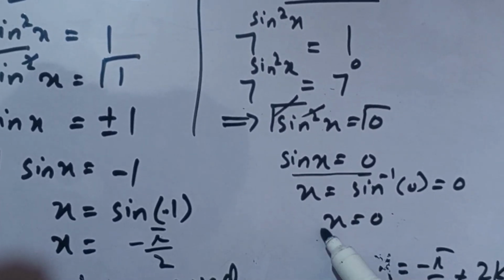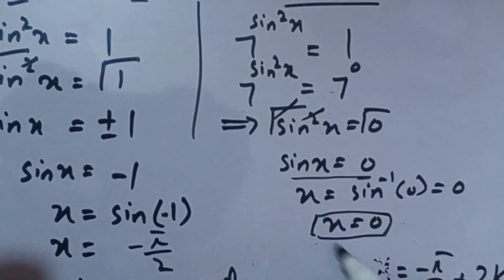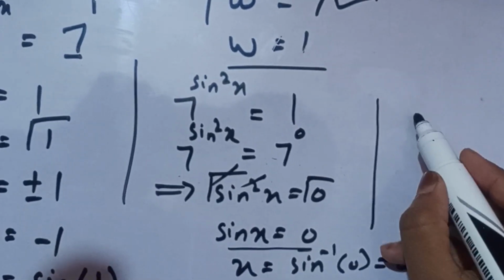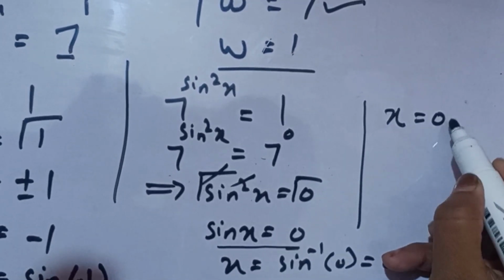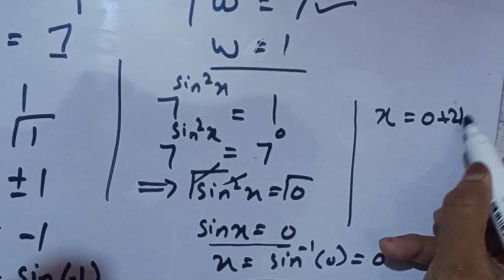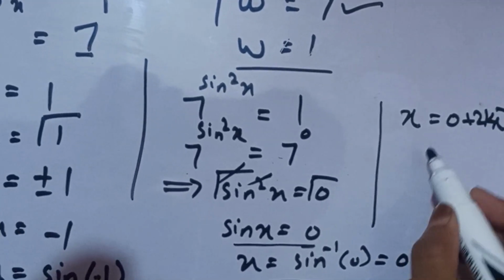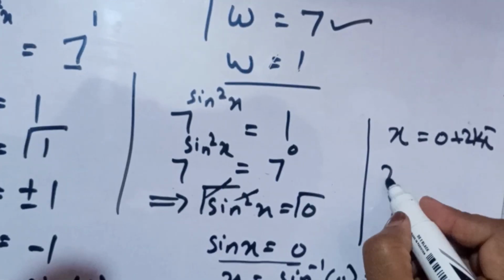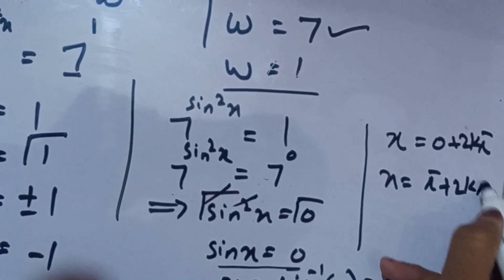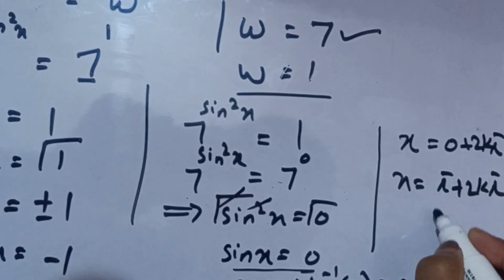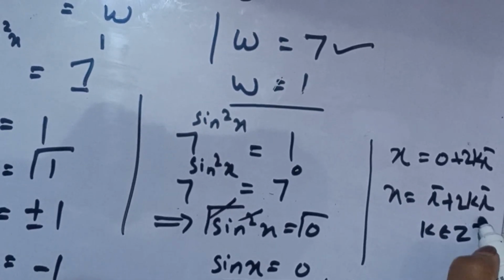Now we find the value of x for the first and second quadrant. For the first quadrant, the value of x is 0, so we add its period, which is 2k pi. And for the second quadrant, the value of x is pi plus 2k pi. And in this case, k belongs to a positive integer.